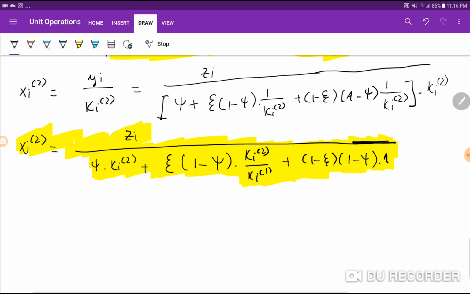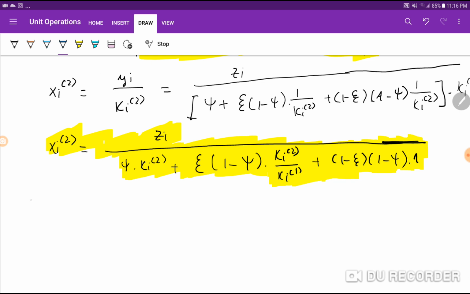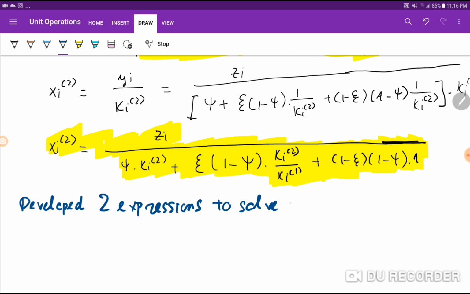So for our next part I'm going to write here in heavy blue: develop two expressions to solve for psi and epsilon numerically.